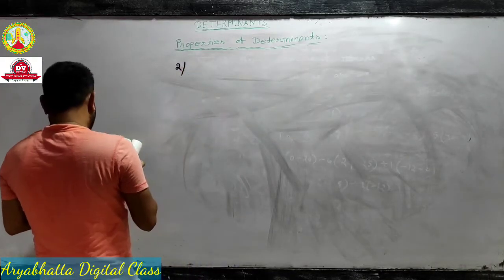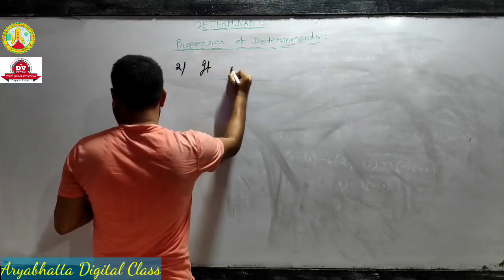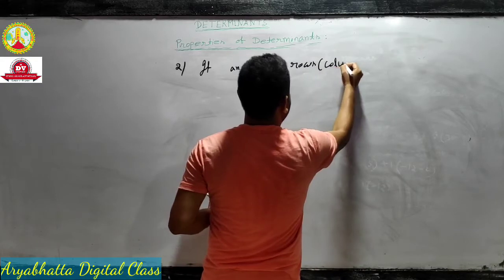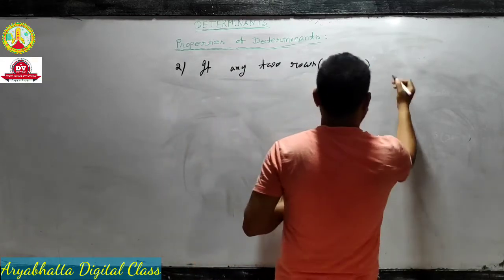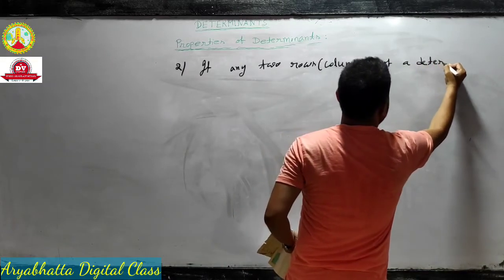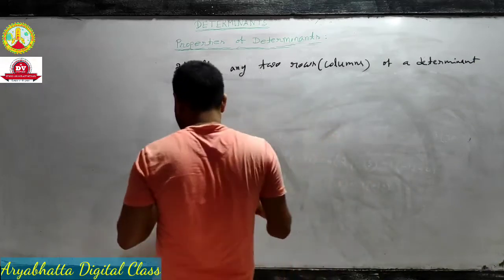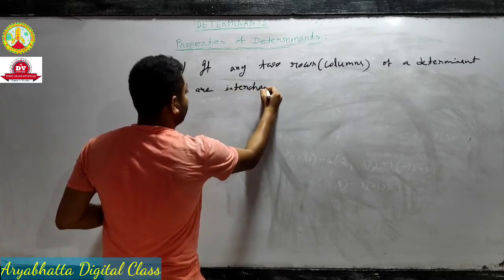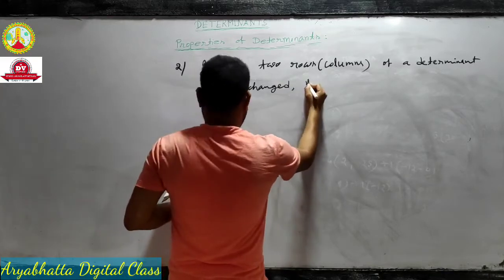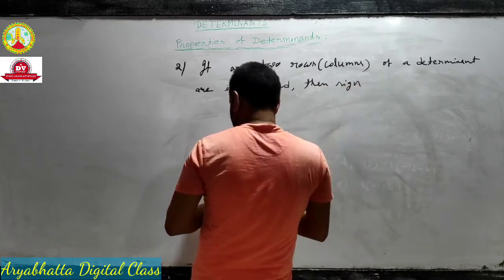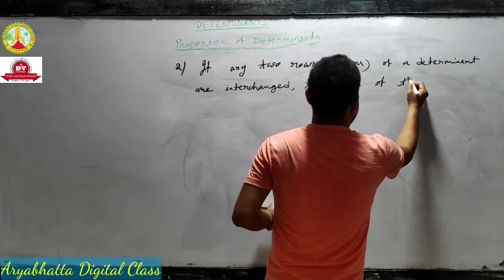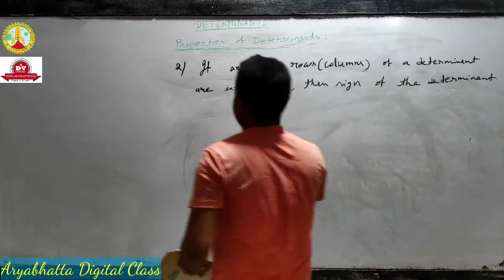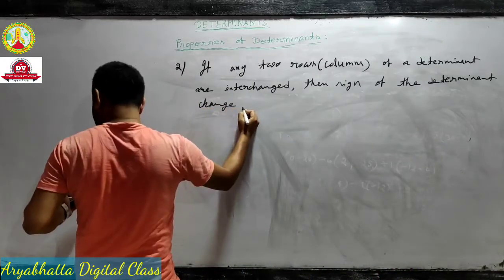Property number 2: if any two rows or columns of a determinant are interchanged, then the sign of the determinant changes.